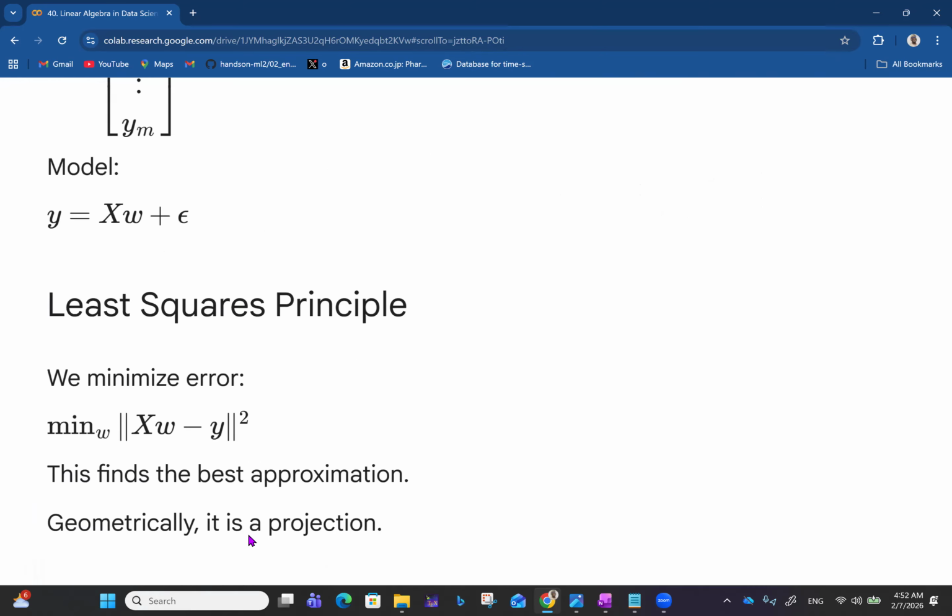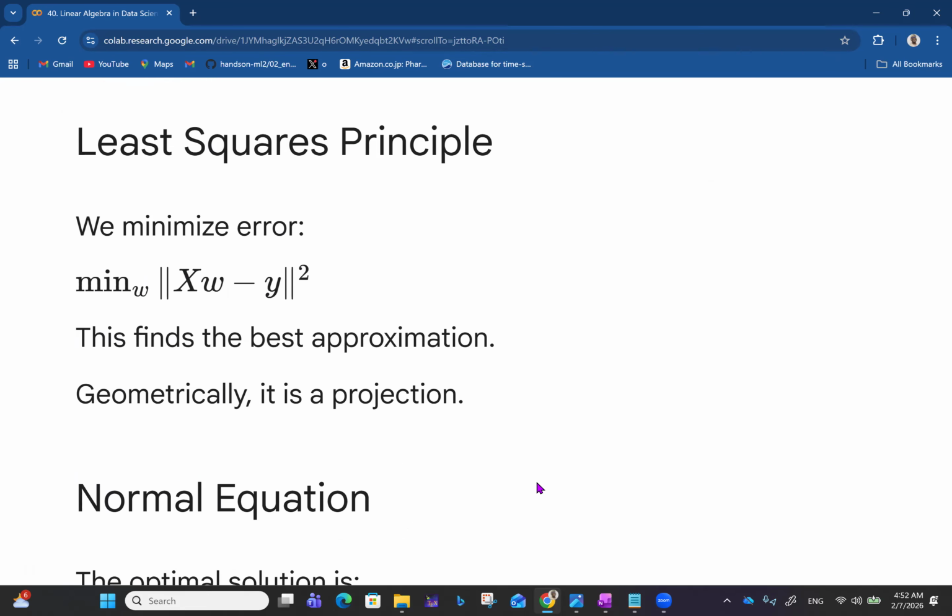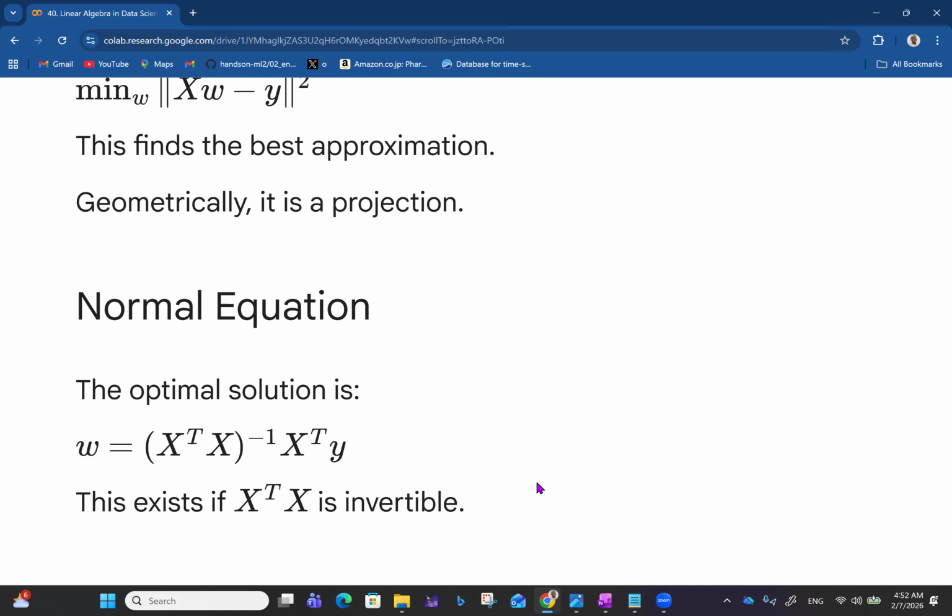So we come up with the idea of the least squares principle, which you saw already under orthogonal projection. We minimize the error, the norm of XW minus Y, squared. This finds the best approximation you can get, and geometrically it is actually a projection. That's why we saw orthogonal projection and least squares the other time. Then you have your normal equations.